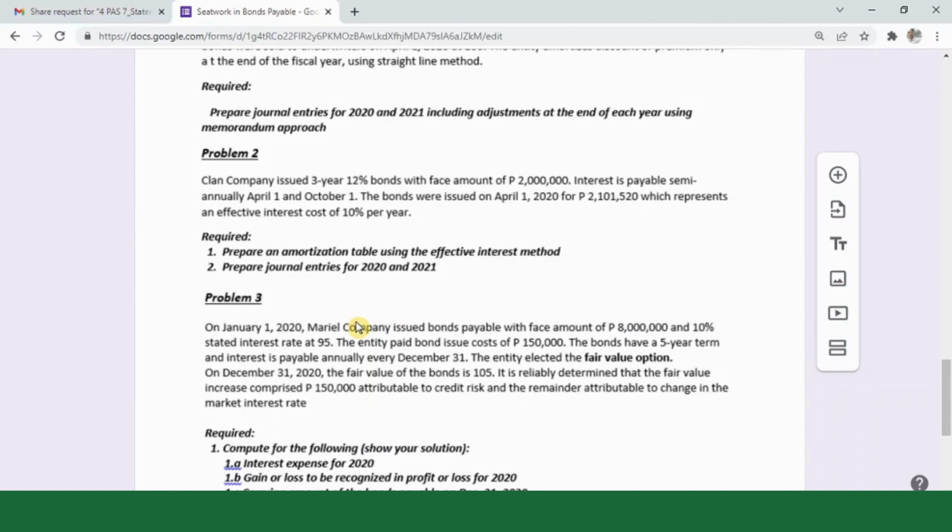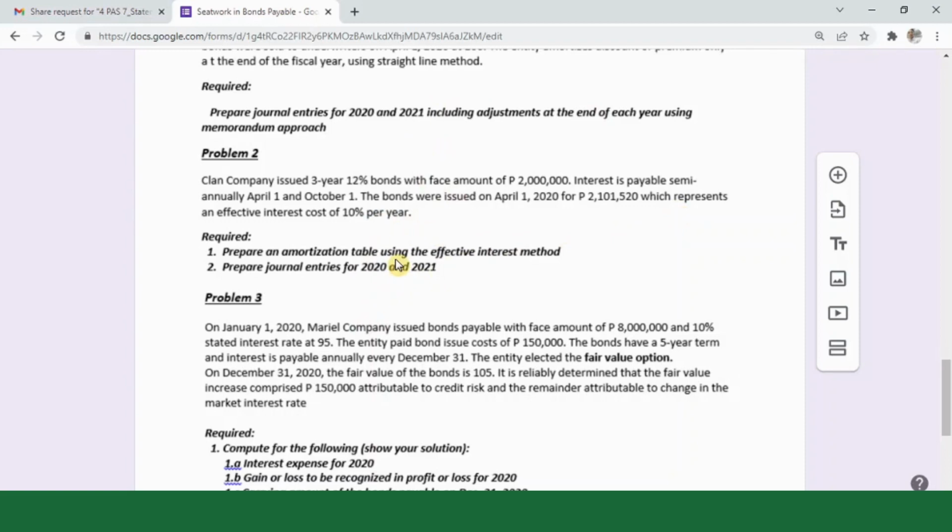Since the interest is payable semi-annually, medyo magiging iba yung computation natin. The effective interest rate given here, class, is good for a year, 10%. Take note, the interest is payable semi-annually, so ang gagamitin mong factor, hindi 10%, kundi 5%.